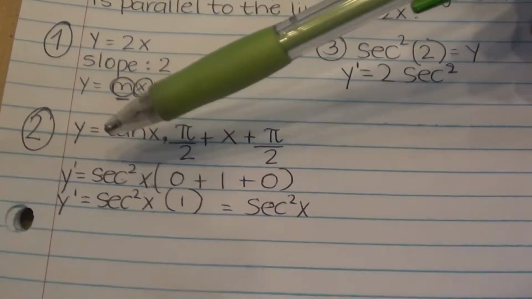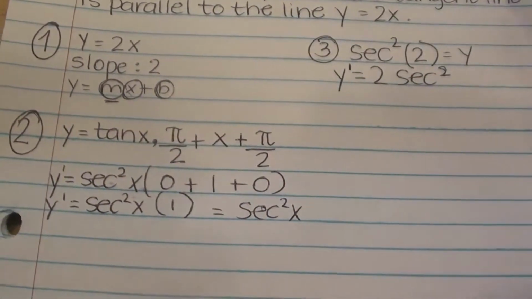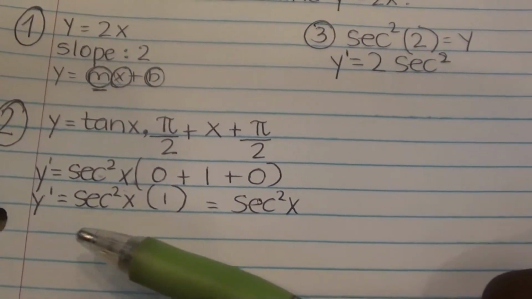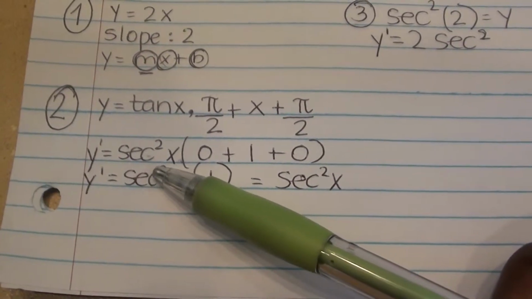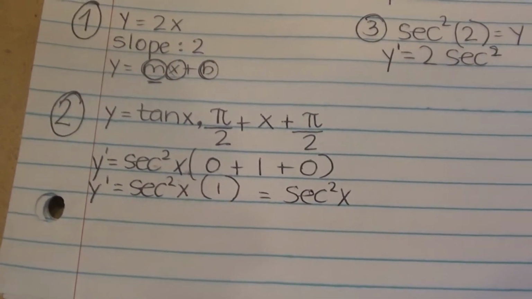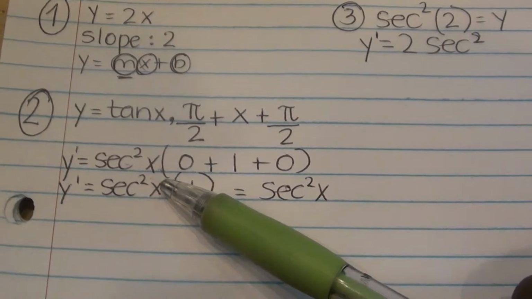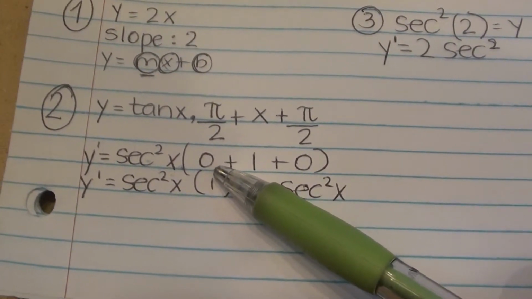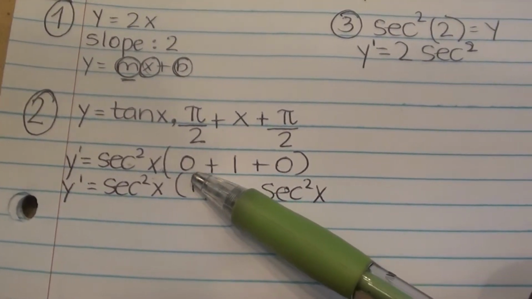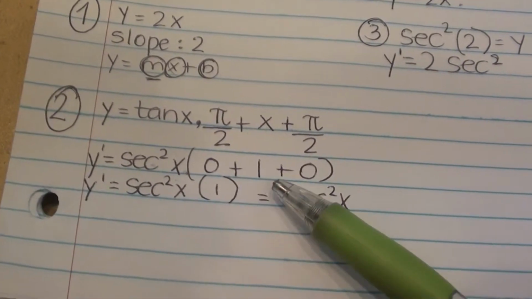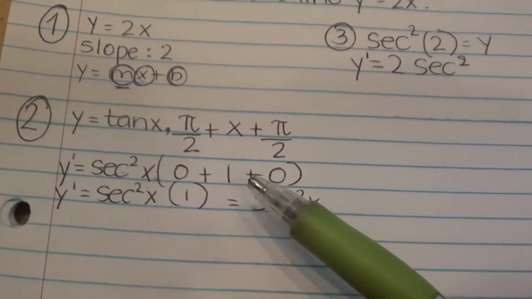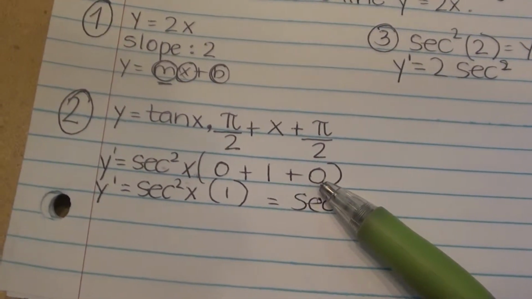So you prime your function first, which is y prime. Then you find the derivative of tan of x, which is secant squared of x. And you find the derivative of pi over 2, which is 0 because pi is a number, and when you find the derivative of a number, it becomes 0. Plus x becomes 1, and pi over 2 becomes 0 again.